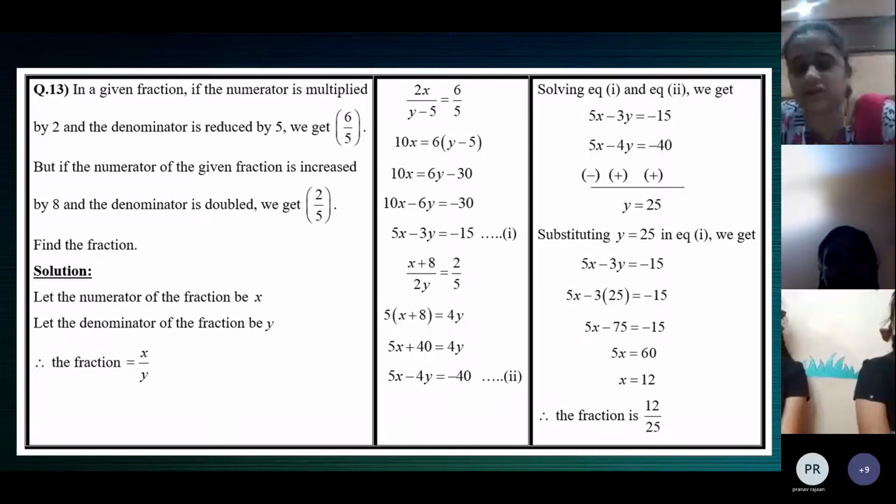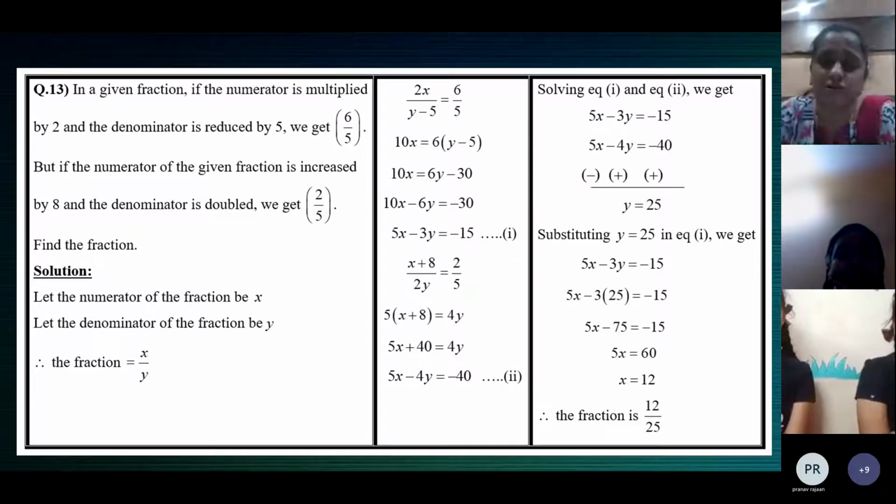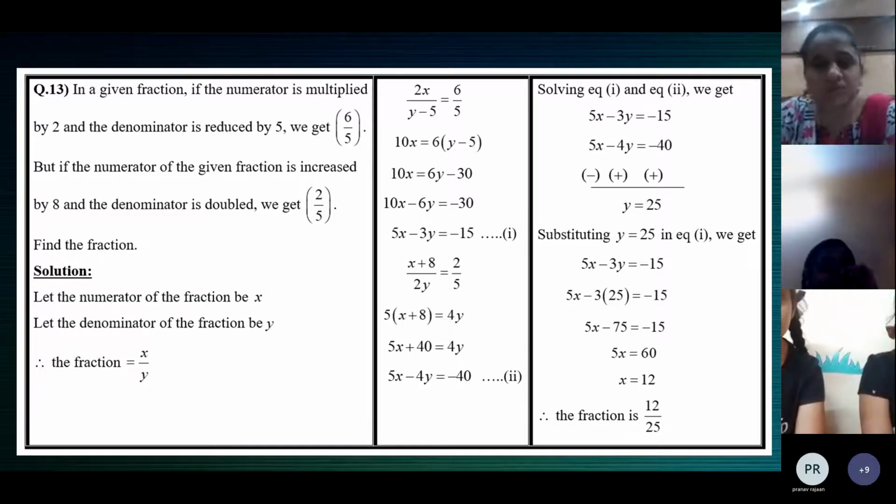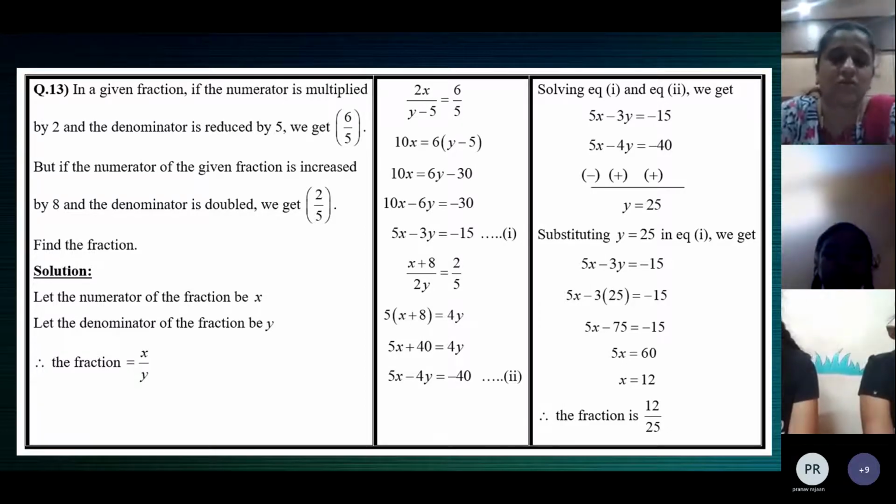So when we started linear equations, you all know that we have done many sums using all the methods: elimination method, substitution, cross multiplication, special method. That is why in these word problems I'm giving importance to constructing the equations. Once the equations are constructed, you know how to solve them because you know the different methods.